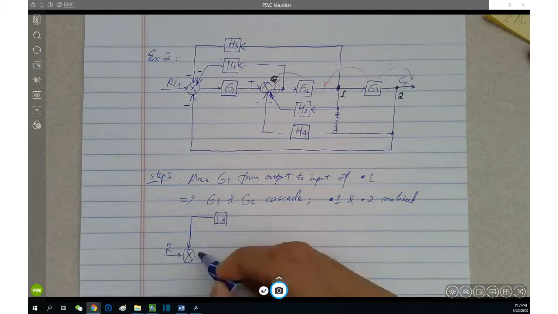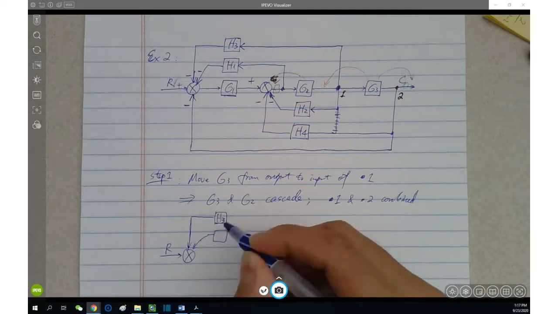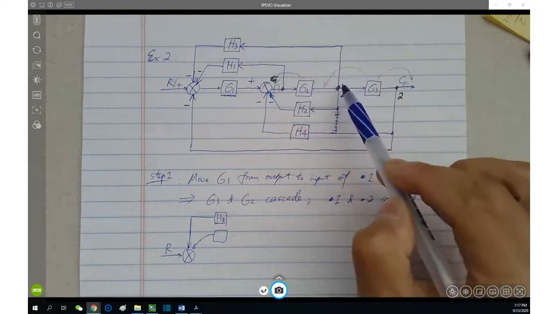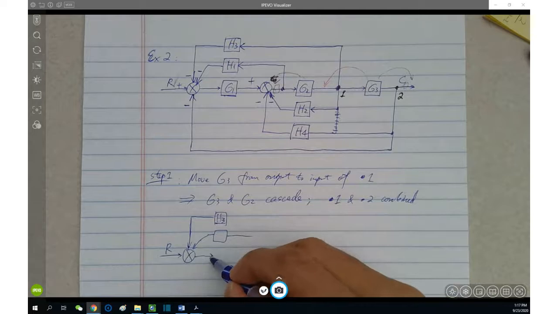So as I said, H3 is going to be affected as well, because once again H3 is another output of the pickoff point 1. G1 remains the same.